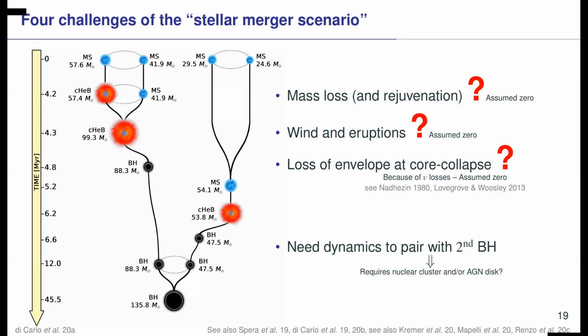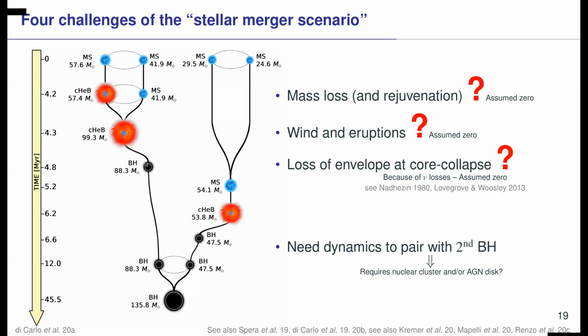You have no mass loss during the merger, and maybe more importantly, you assume that the merger doesn't touch the core, which is a very big assumption that should be checked more thoroughly. Then you have a star that is about 100 solar masses in this cartoon with a weird core-envelope structure. And when we see stars of this mass, exactly like Eta Carinae, we know that they like to do mass ejections. So this is neglected here.